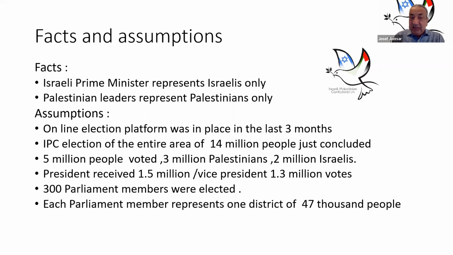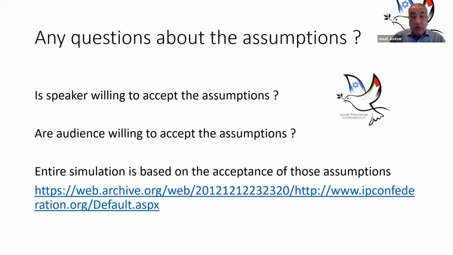You don't represent the entire nation of Israel or the Palestinians. You only represent your district, and you'll have to think in terms of benefits to your district. So does anyone have any questions regarding those assumptions?